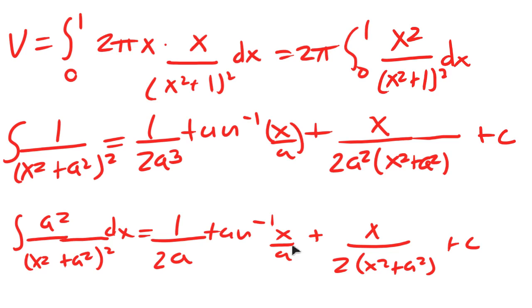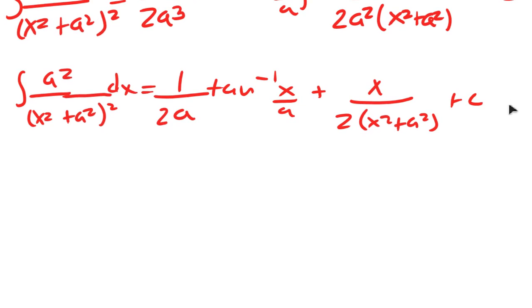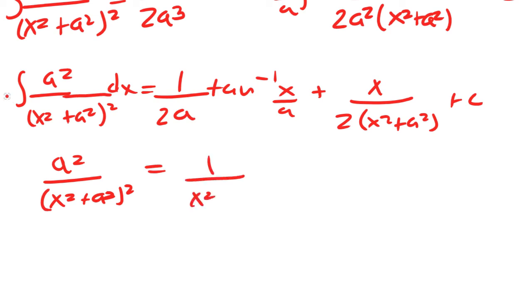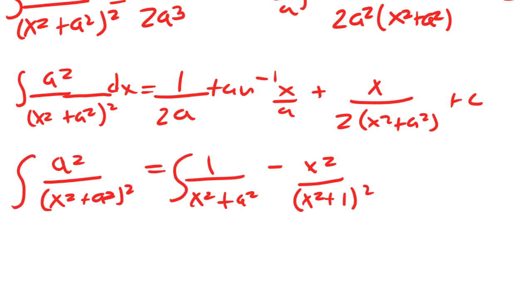What I'm trying to say is that if we were to rewrite the equation in the following manner, where a squared over x squared plus a squared squared is the same thing as 1 over x squared plus a squared, and then minus x squared over x squared plus 1 squared, then essentially we already know the answer if we integrate on both sides.